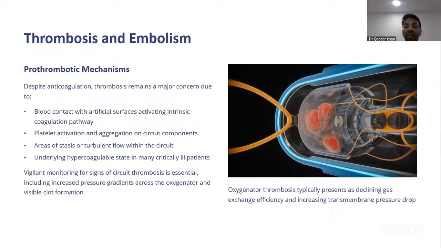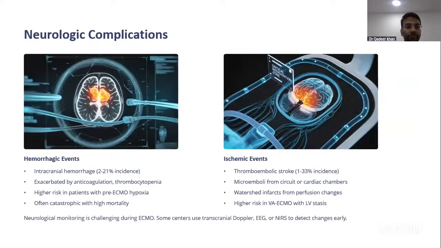Different membranes have different transmembrane pressures. If your transmembrane pressure goes higher, more than 70 or 100, then it means your membrane is getting clogged. For membranes like the Maquet membrane, the transmembrane pressure difference is only 20 to 30, but for others like Eurosets, it can be tolerated up to 70. If more than 70 or 100, then think that the membrane function is gone.